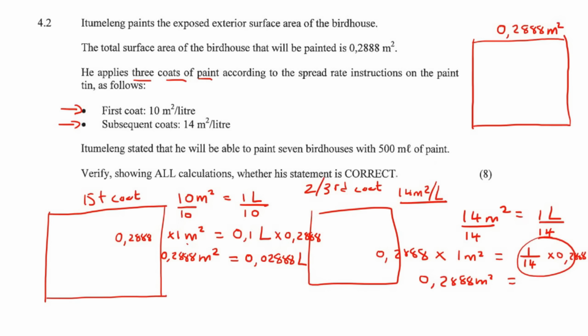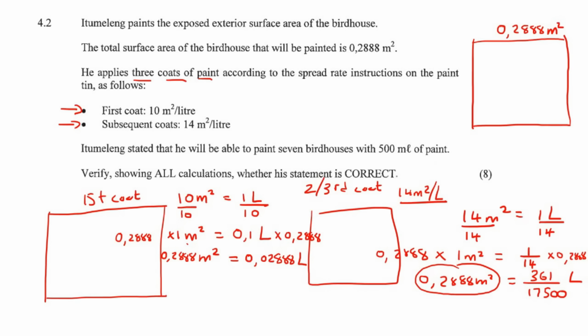And on this side, don't round off, it'll give you 361 over 17500. So what that means is that if you want to paint this amount of area with the second coat, you're going to use this many liters of paint.